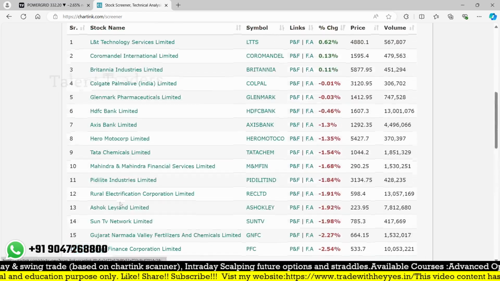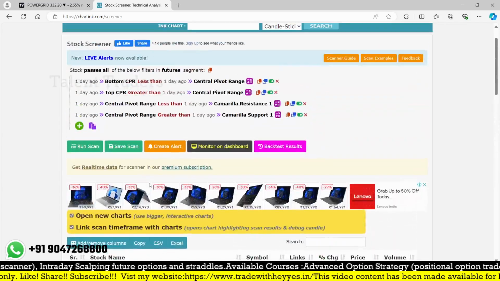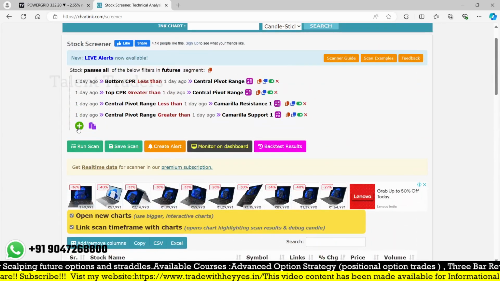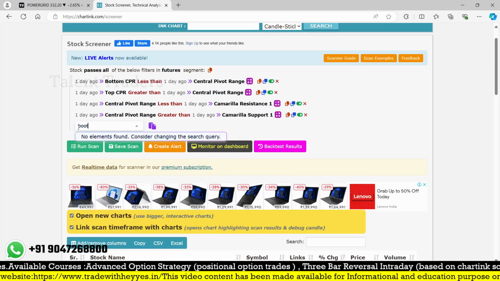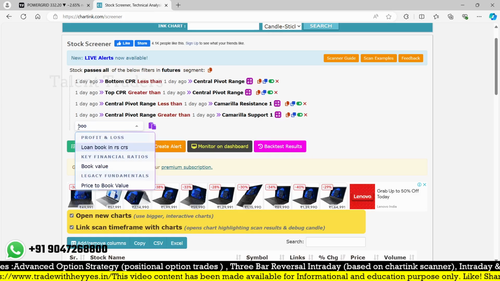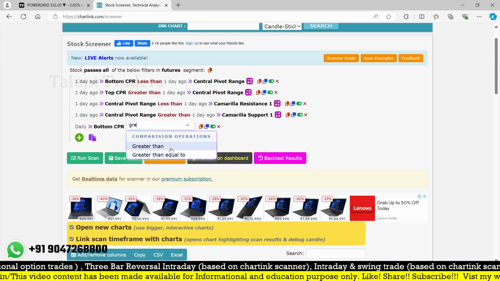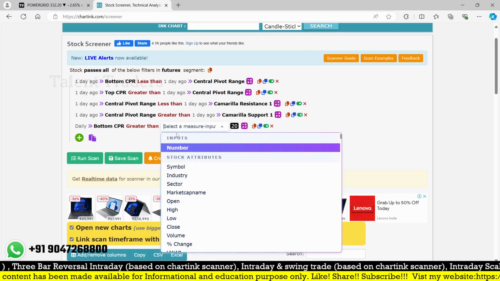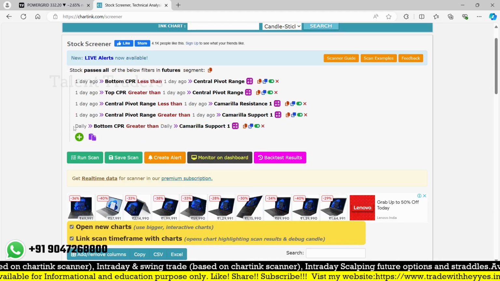And one more condition to add here, in the central pivot we added. So one more condition to filter out many stocks. Over here, bottom CPR must be greater than the support one. Sometimes it may be less than the support one. So Camarilla support one, it must be greater than.